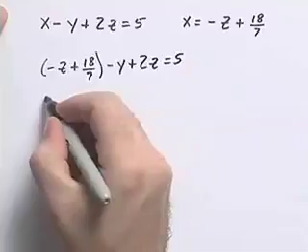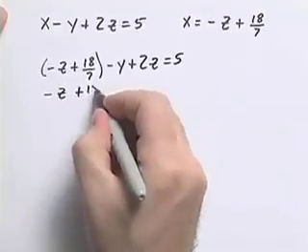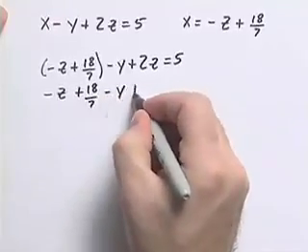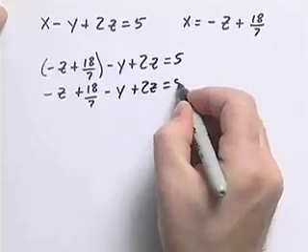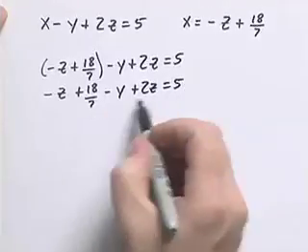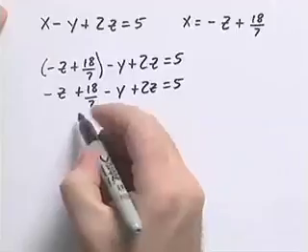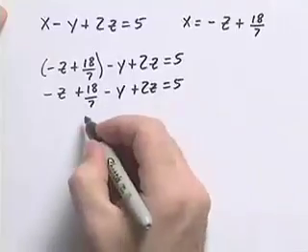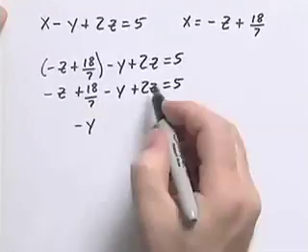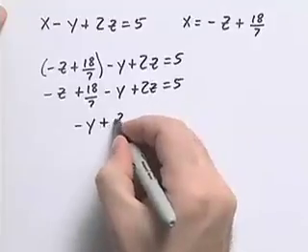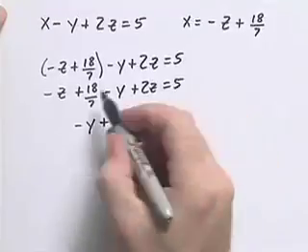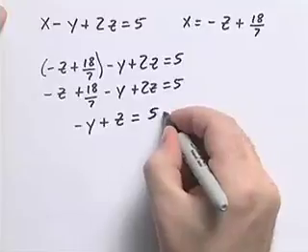We can use our grouping symbols, negative z plus 18 sevenths minus y plus 2z equals 5. We can collect like terms here and bring this 18 sevenths to the other side. So we'll have negative y, negative z plus 2z is plus z, equals, then 5 minus 18 sevenths.